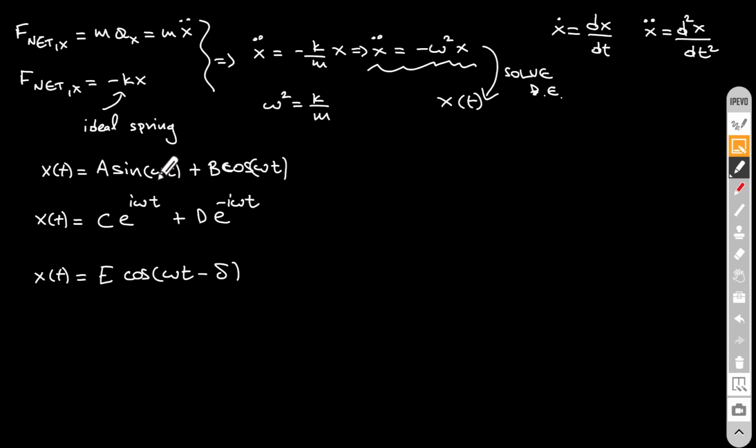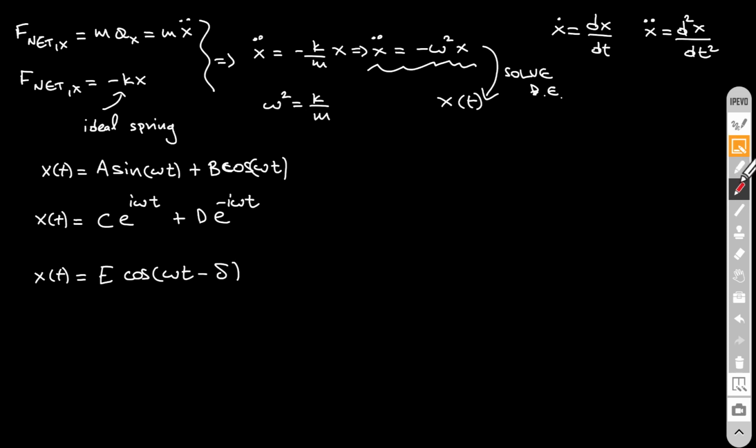Another way to express the general solution is to use exponentials: a constant times e to the i omega t plus another constant times e to the minus i omega t. And another way to express the general solution is a constant times cosine of omega t minus delta.